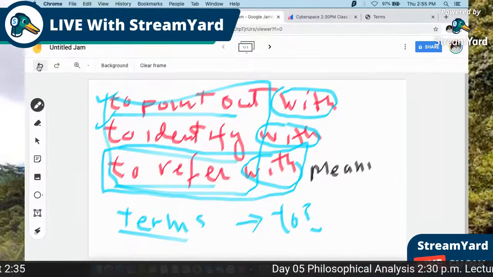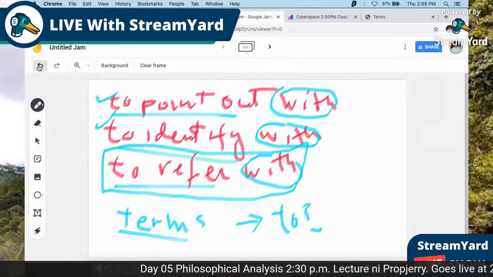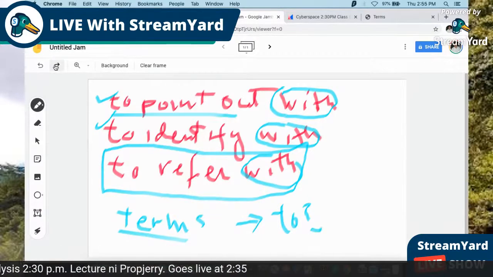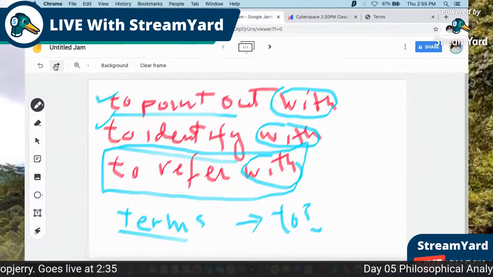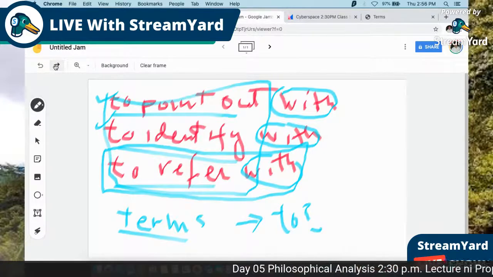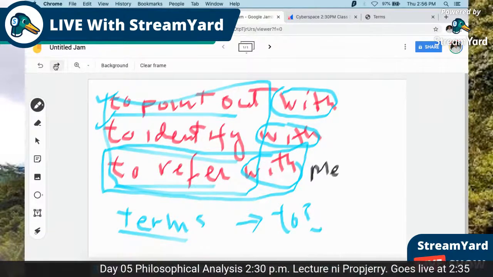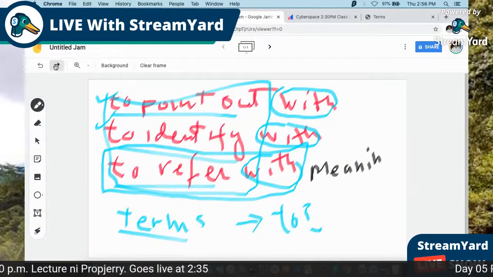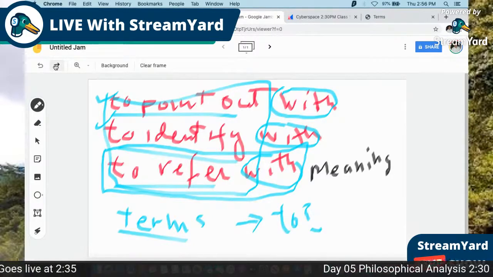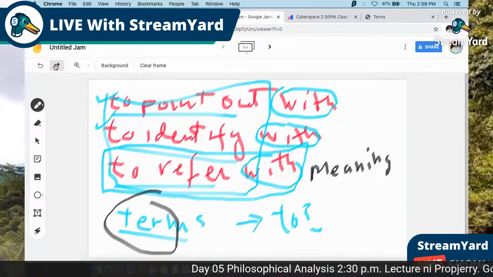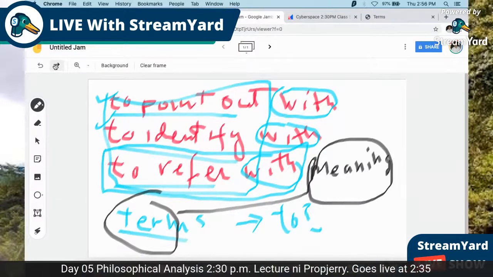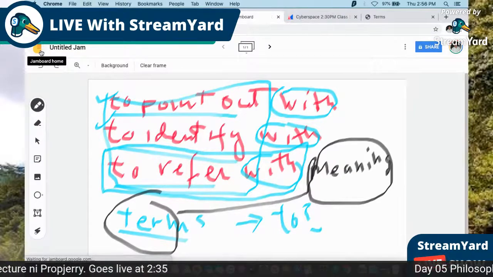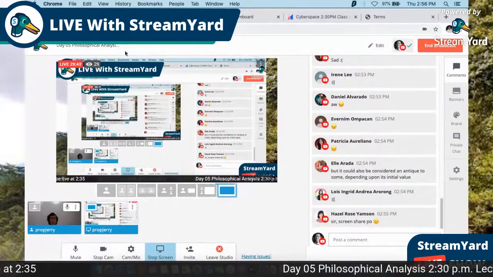Let me repeat. When we point out, when we identify, when we refer, we use the term to identify, point out, refer to some kind of meaning. And as we have already said, our terms are related to some meanings. That should be better.